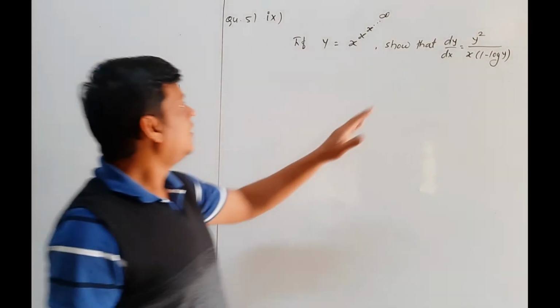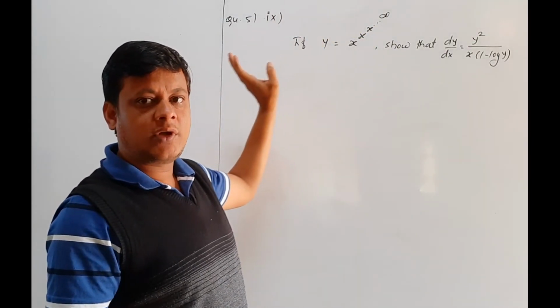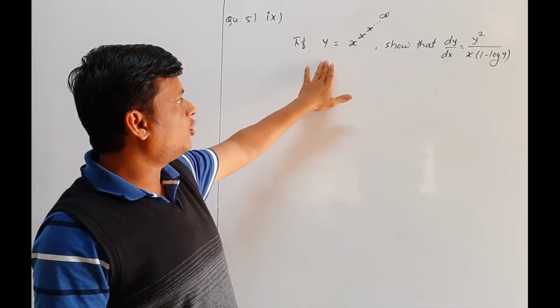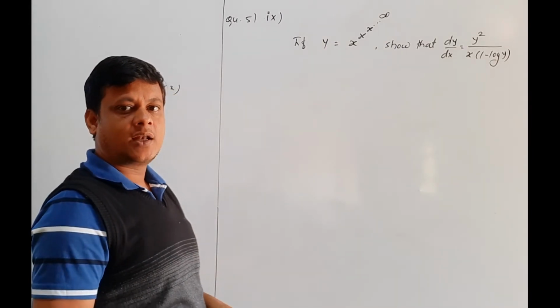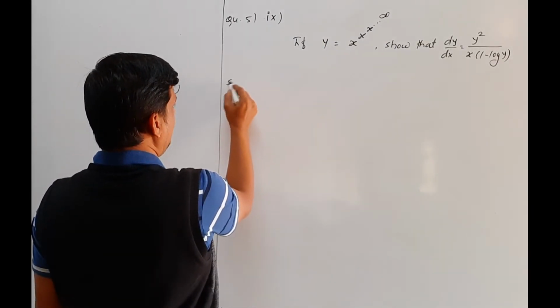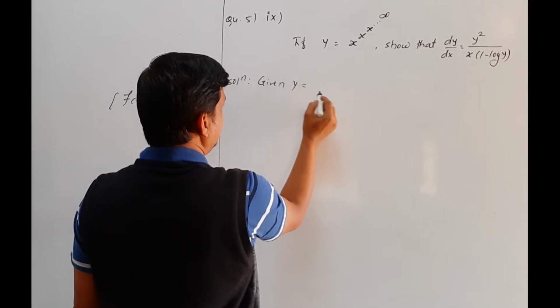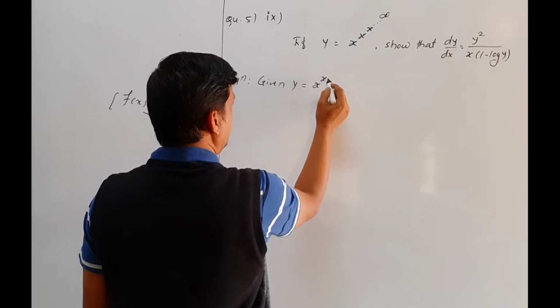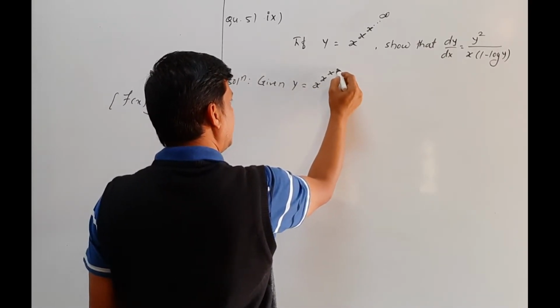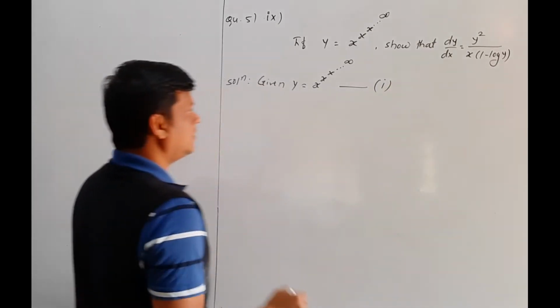So to write the power in multiplication, we have to take log on both sides, that is, we have to apply the law of exponent. So write in solution, given y is equal to x raised to the power x raised to the power x and so on up to infinity, and we denote this as equation number 1.